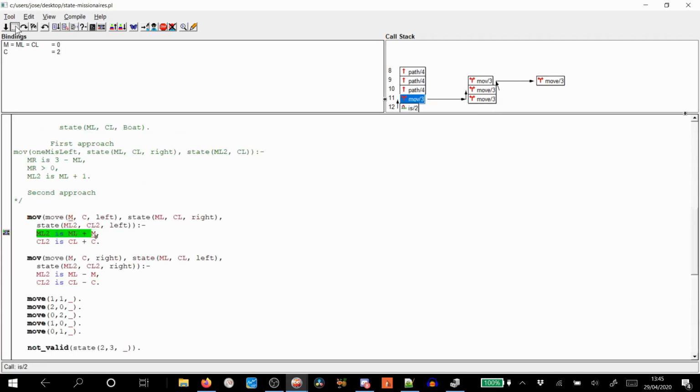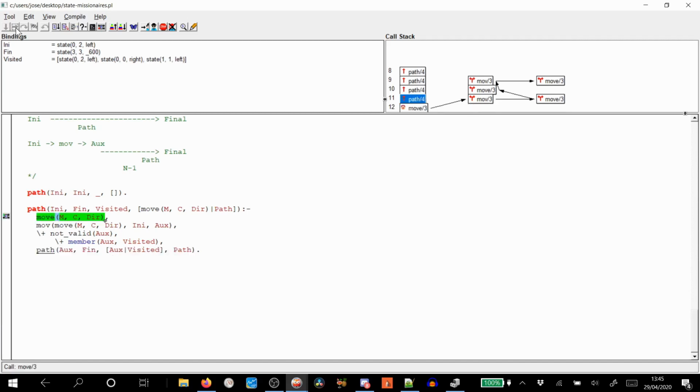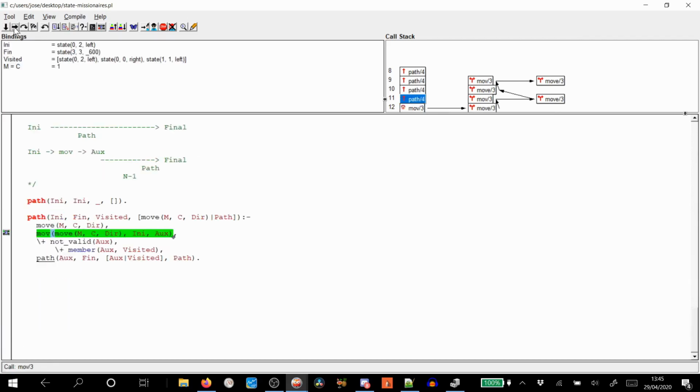The new state is 0 2. 0 2 is not valid. Member. Okay, we have a new 0 2. Is it a valid state or not? So all the missionaries to the left is okay. Perfect.